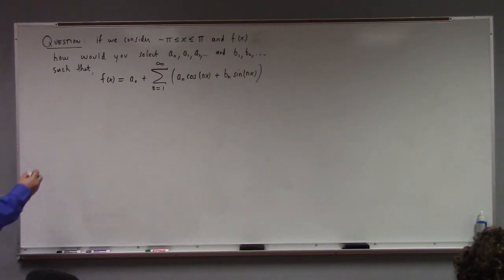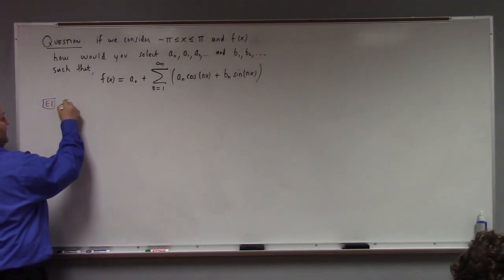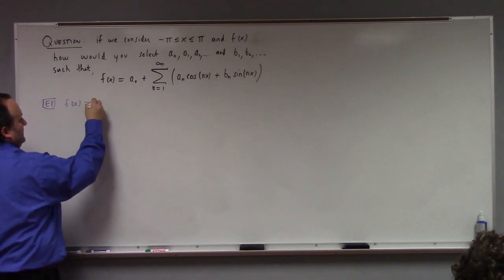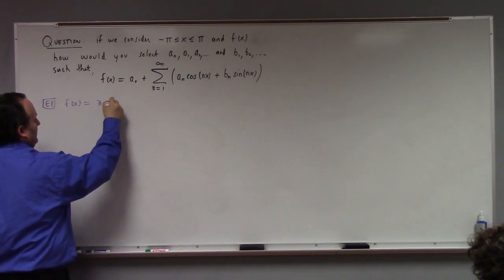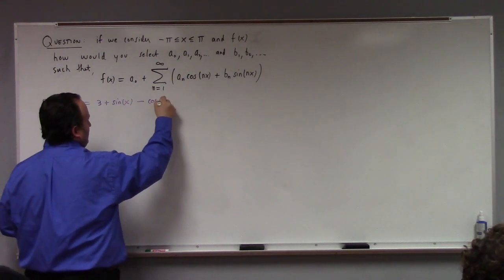Stupid example. f of x equals 3 plus sine x minus cosine of 2x.